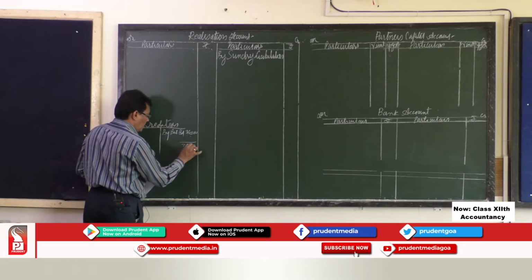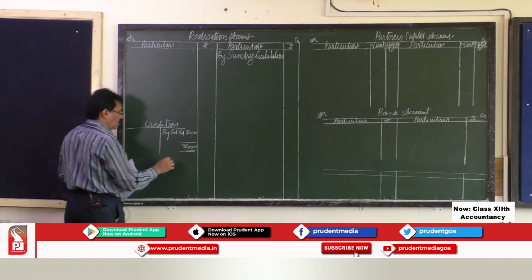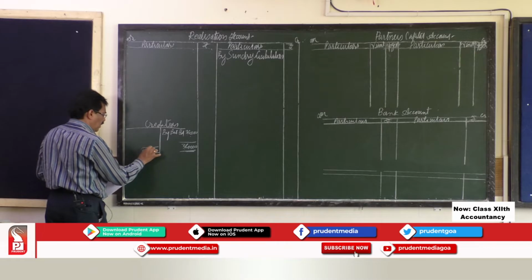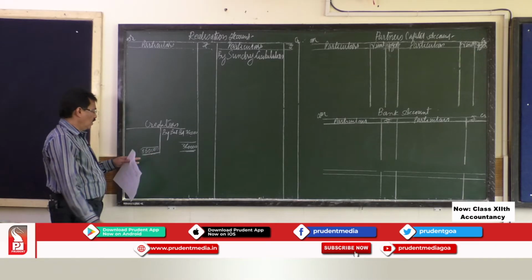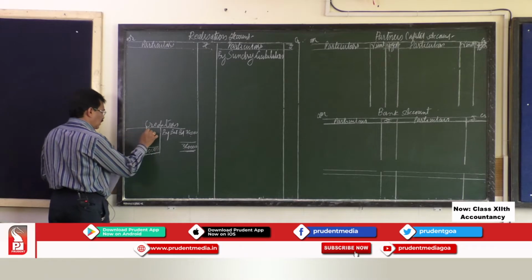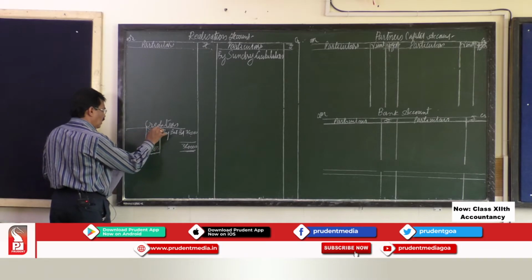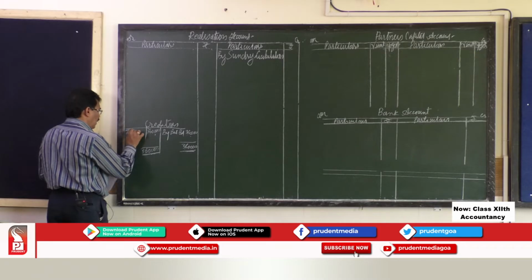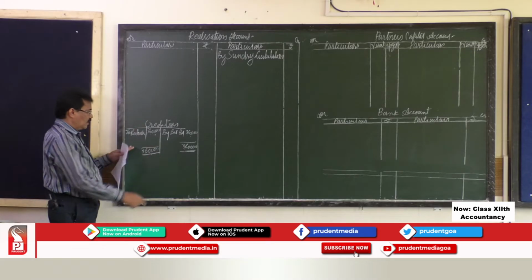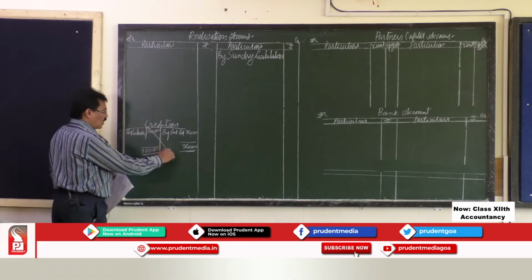So, you write 3,60,000 as total and bring the same total to the debit side. We write this as 3,60,000 to realization account. There is no credit balance, so this account is closed.